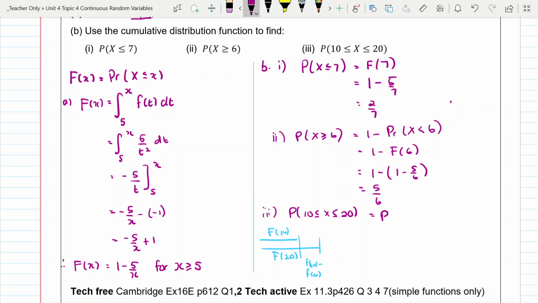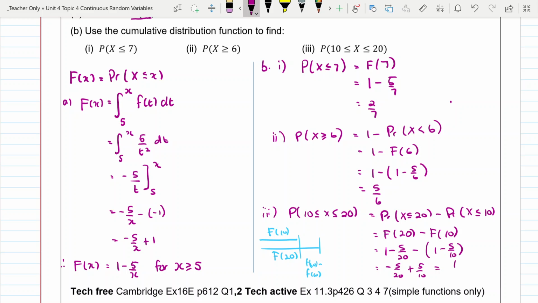So we're looking at the probability of x being less than or equal to 20 minus our probability of x being less than or equal to 10. And that means we've got F of 20 minus F of 10. And this is giving your fraction knowledge a really good workout. 1 minus 5 over 20, minus 1 minus 5 over 10, and that's going to be negative 5 over 20 plus 5 over 10, and that's equal to a quarter. Notice all my probabilities are positive.